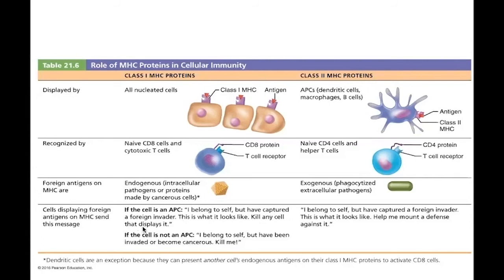Kill any cell that displays this antigen, because that means they are infected by the same type of virus. Or if you're a cancer cell, I'm cancerous, I'm expressing this antigen that is a cancer protein. Any cell that has this antigen being expressed on its MHC class 1, kill it.